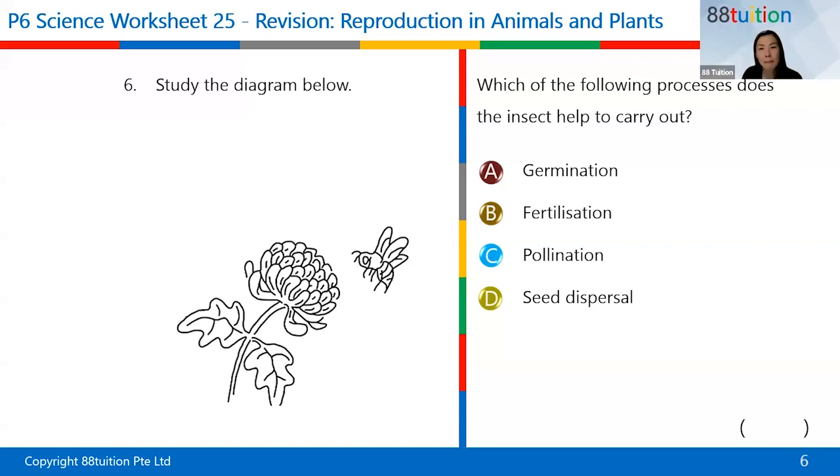So as for the flower, the insect, which is most likely a bee, is a pollinator, which helps out in the pollination process. Pollination is a process whereby the pollen grains are transferred from one plant to another plant.